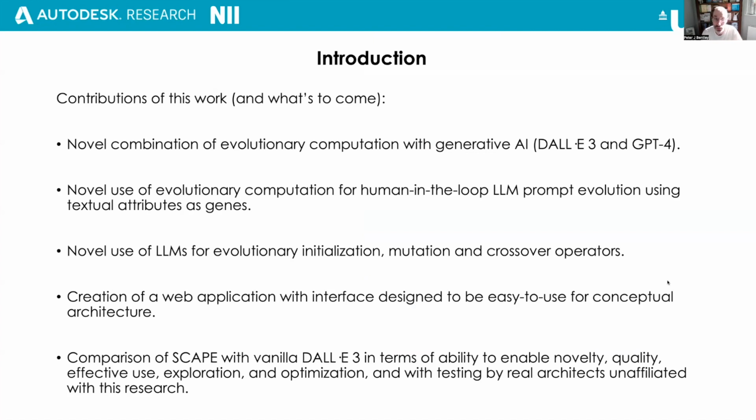So we're actually using a generative AI to do the initialization of attributes, to mutate and crossover as well. We made an entire web application with a nice, easy to use interface, so anybody can use it. And indeed, we've had real architects use it. And we compare SCAPE with a vanilla DALL-E 3 in terms of several features that you can read there.